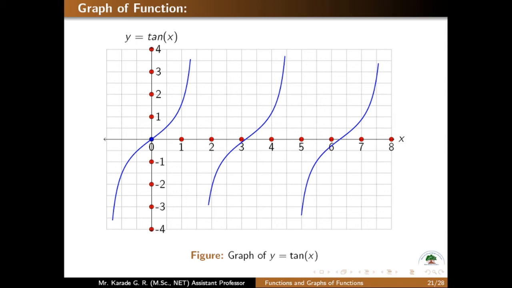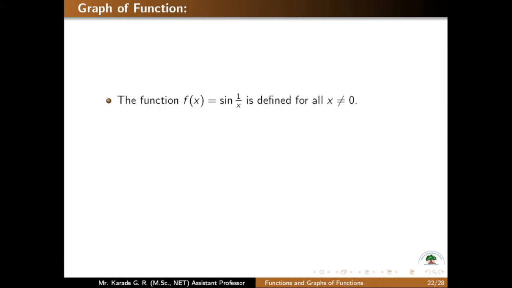So that is all about the tan function, and now we will see the function f of x equal to sine 1 by x. It is defined for all x but x not equal to 0. The value of f of 0 is not defined.